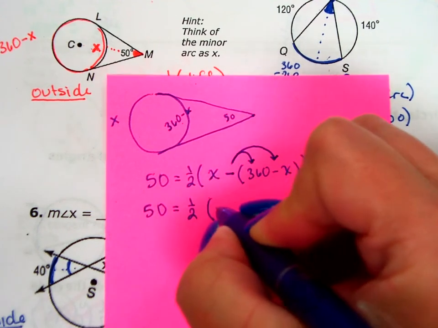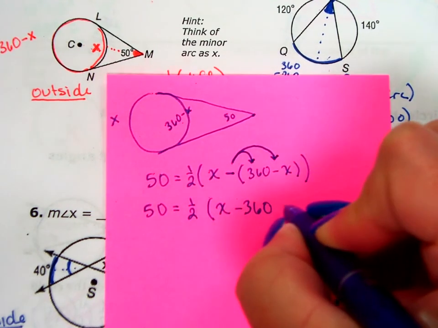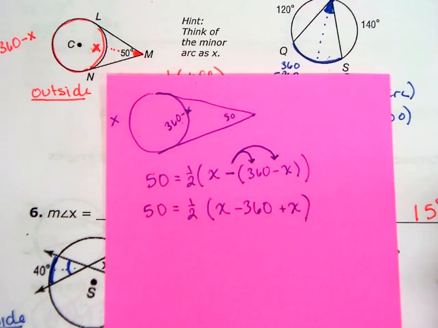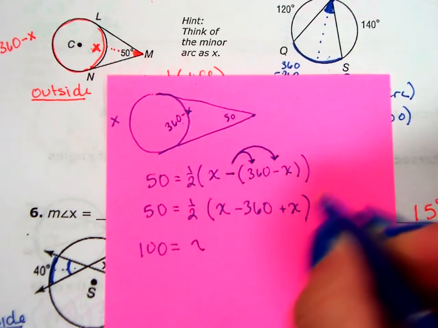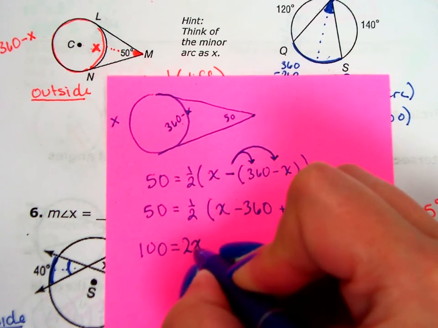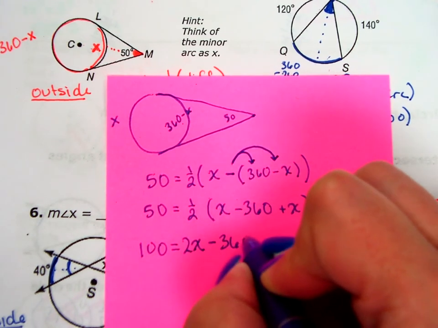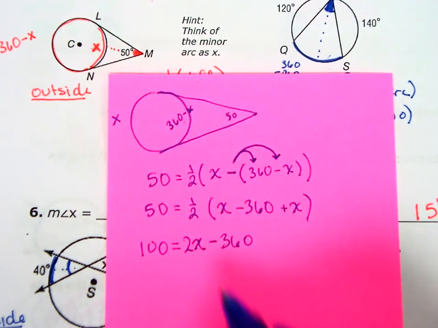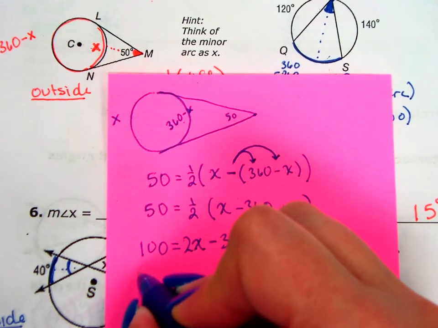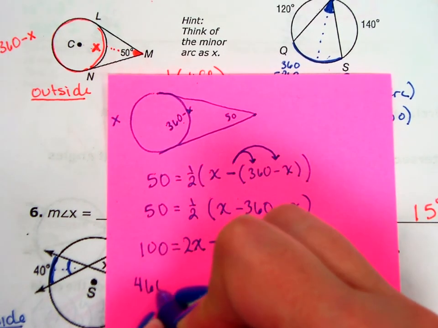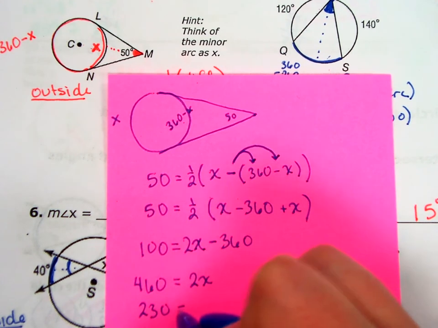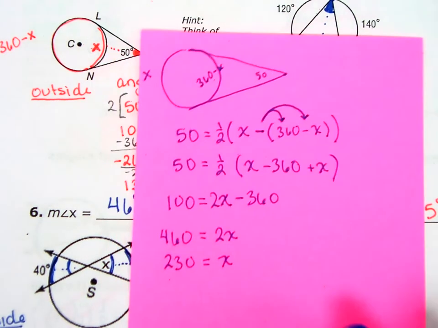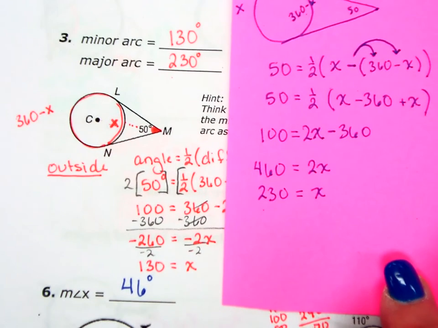So that I end up with 50 equals 1/2 of x minus 360 plus x. Multiply both sides by 2. And then I have 2 x's minus 360. So then I would add 360 to both sides and get 460 equals 2x. Divide by 2 and get that 230 equals x.